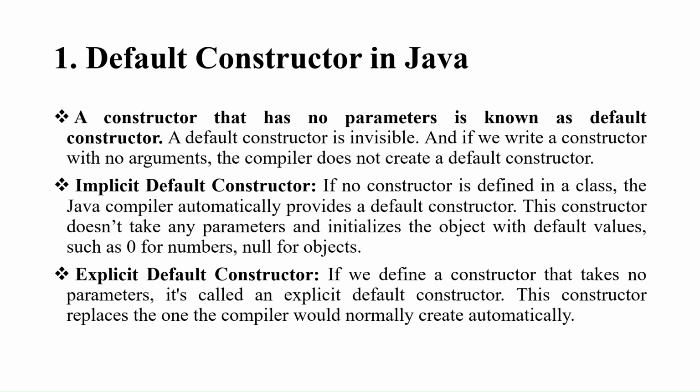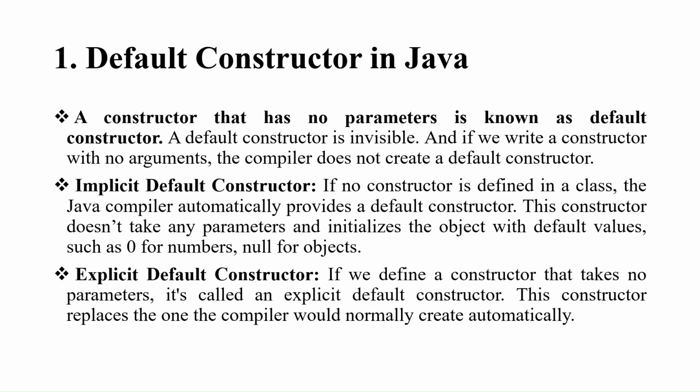If the constructor is not defined in a class, so the developer or coder is not writing the constructor in a class, the Java compiler automatically provides the default constructor. That is called the implicit default constructor. The constructor is not written by the developer, but the compiler will automatically provide it.